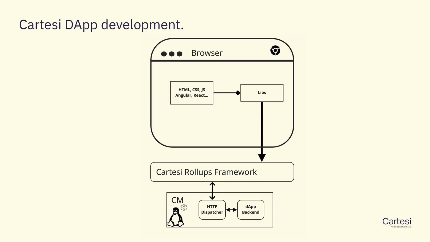For the convenience of the developer, we have a service that translates the entire interaction with the framework into an HTTP interface. Why? Because most developers are web developers, and they're used to interacting with this kind of interface. And the part that you actually have to worry about is this backend here, which talks using HTTP.